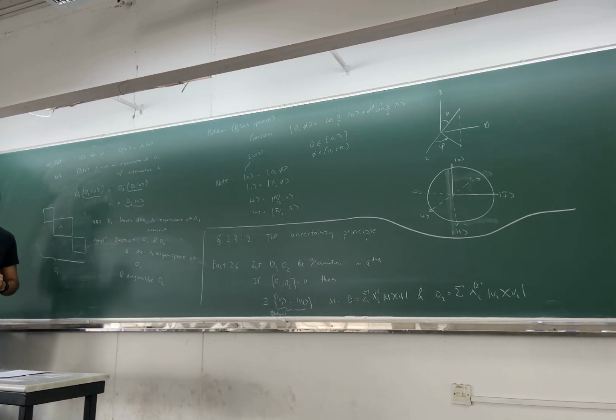So that's the idea. And then you can do this for every lambda eigenspace. So in all of the blocks, you can find a diagonalization of O2. And since you started with an eigenspace of O1, that's already diagonal. So that's kind of the proof sketch.